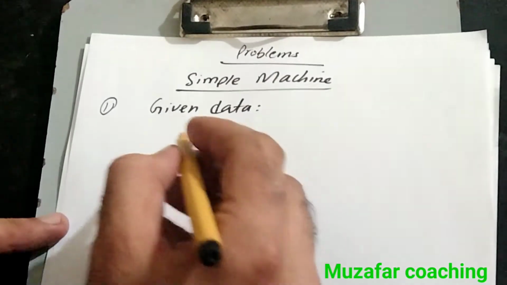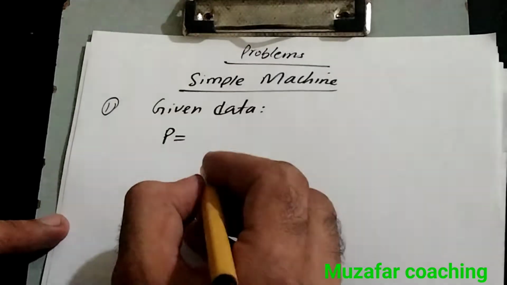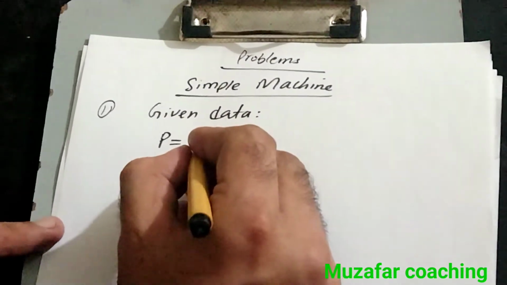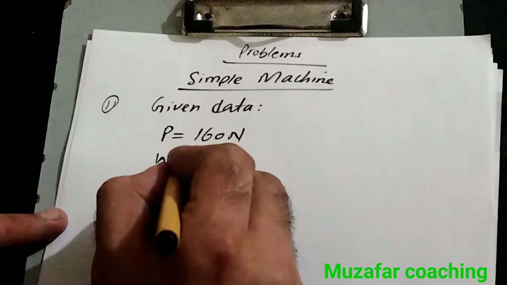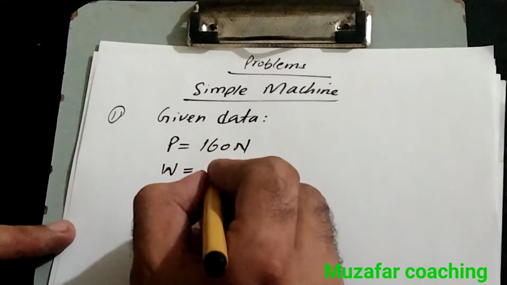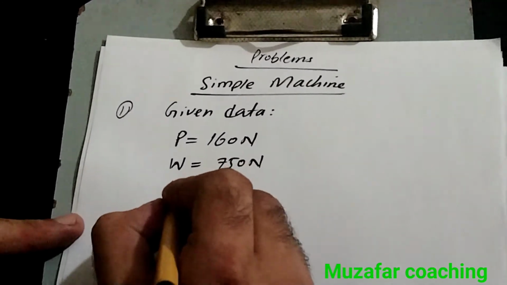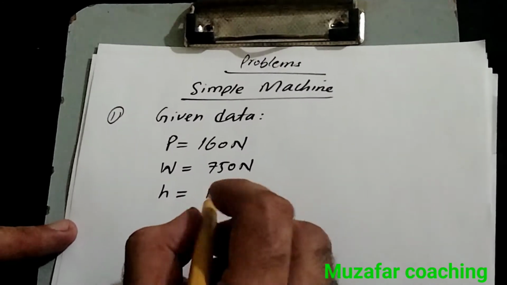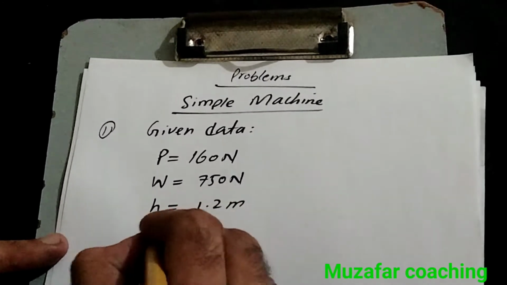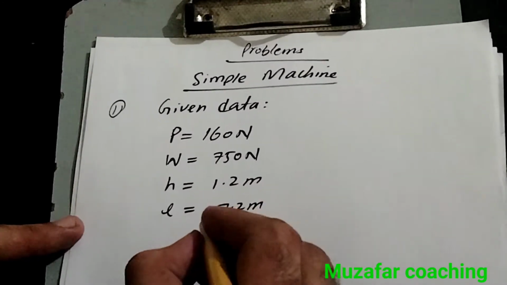we are given effort, which is denoted by P, equal to how much? 160 Newton. And we are given the load, that is W equal to 750 Newton, and we are given the height, that is 1.2 meter, and the length, that is 7.2 meter.